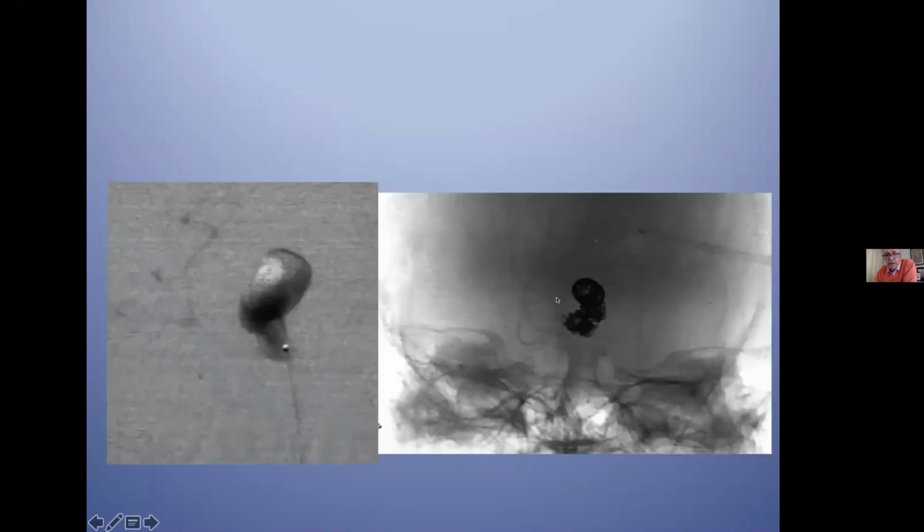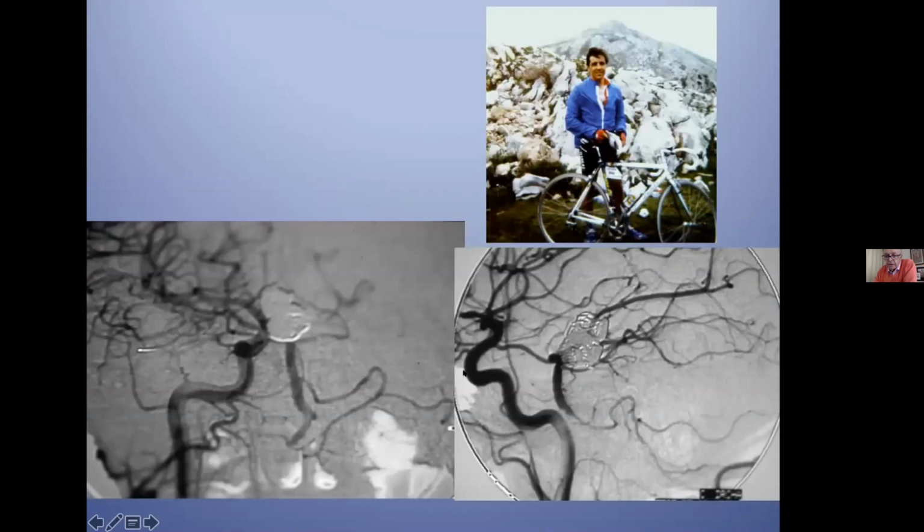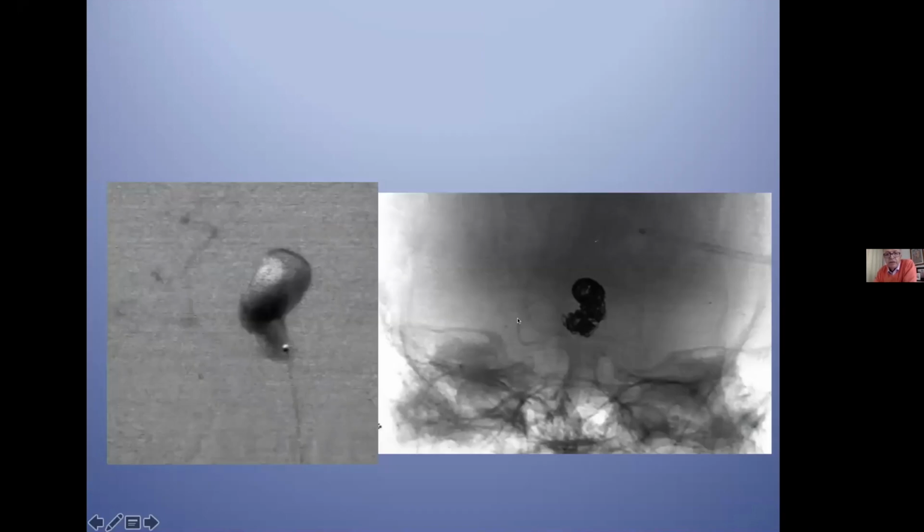One week later, I catheterized the aneurysm and coiled. This treatment was somewhat satisfactory, but every 6 months the patient came back with reopening of the neck.